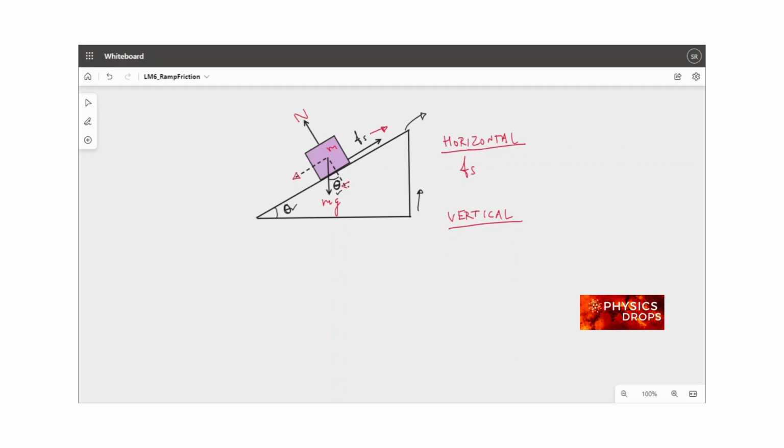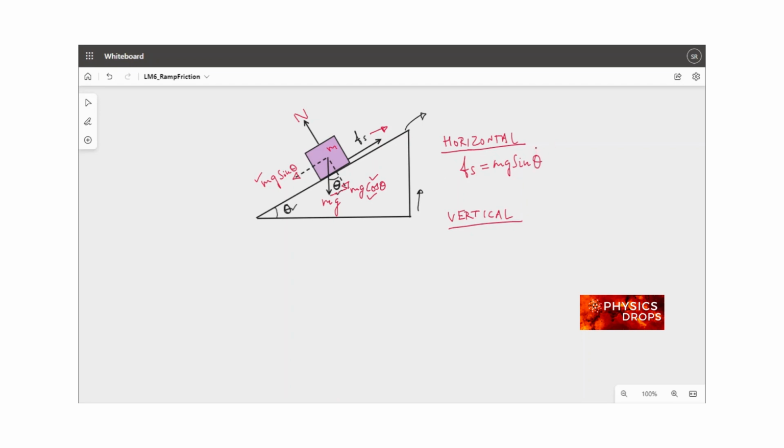So mg is split into two perpendicular to each other, and we know that this would be mg cos theta and this would be mg sin theta, because if you take this as a triangle, then mg cos theta, this side becomes the adjacent side and this becomes the opposite side, and that's how we get mg sin theta here, mg cos theta there. So the other horizontal force which is opposing the frictional force is mg sin theta.